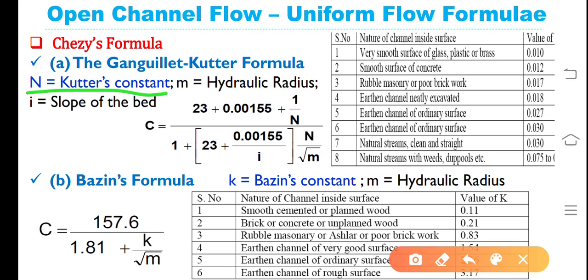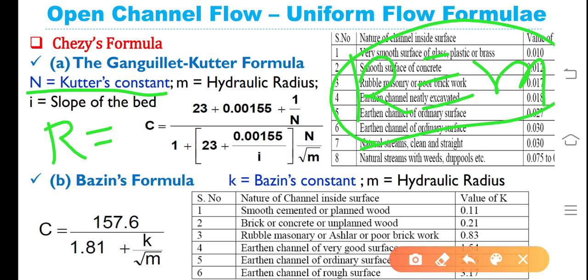In the earlier slides, we said capital R is hydraulic radius. Here it is taken as m. That's why when you refer to different textbooks, R is equivalent to m. These two symbols are used for hydraulic radius or hydraulic depth.